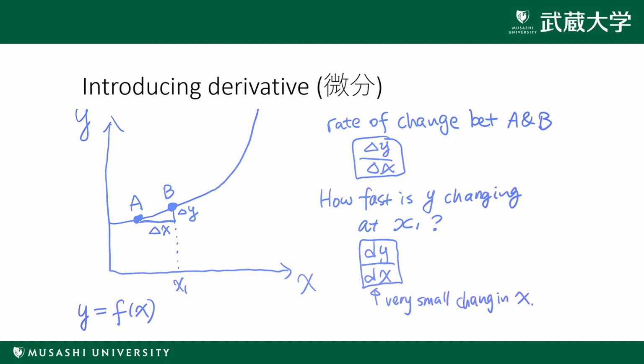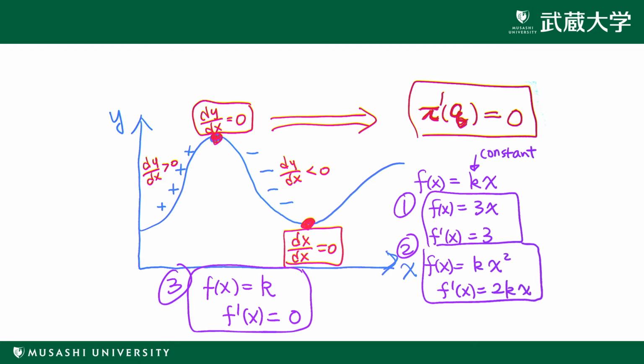So let's look at another curve. Suppose we have a curve like this, and this is y and this is x, okay?